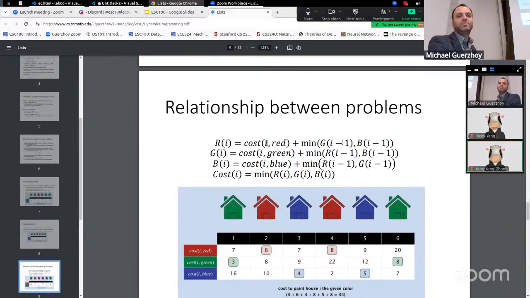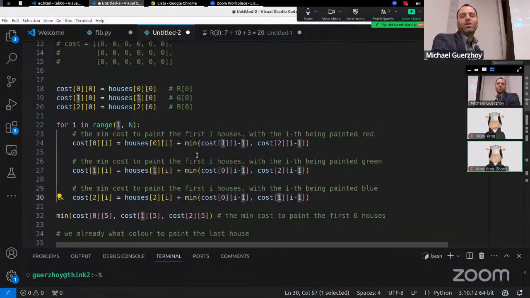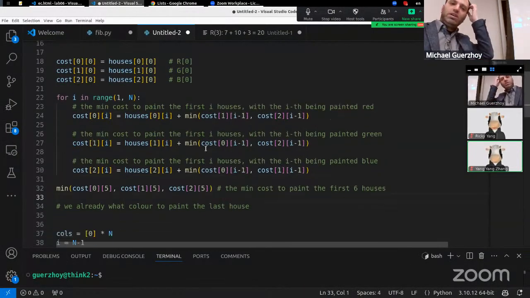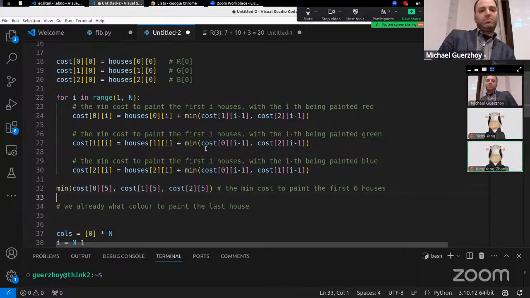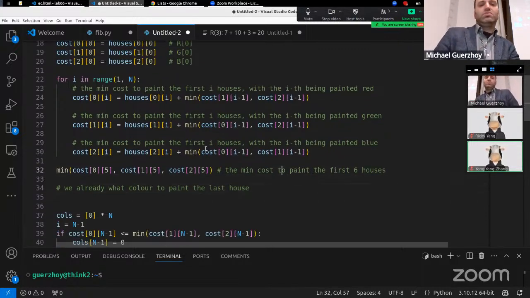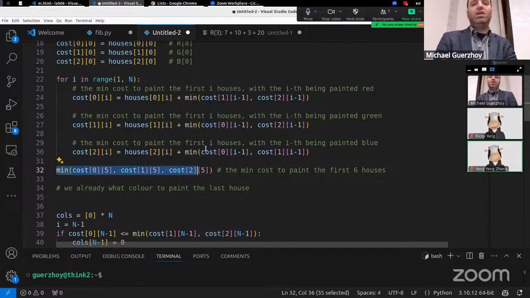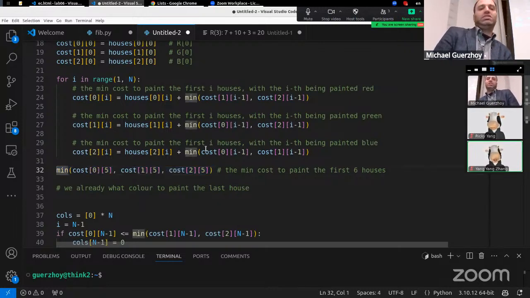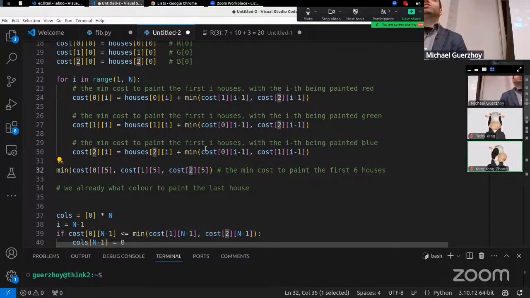So, okay. Now what we want to do is first just get the min cost of everything. So this would be the minimal cost to paint 0 through 6 houses. This is saying, well, I don't know whether I'm going to paint the last house with color 0 or color 1 or color 2. Whichever one's the cheapest, that's the one that's in the actual solution.